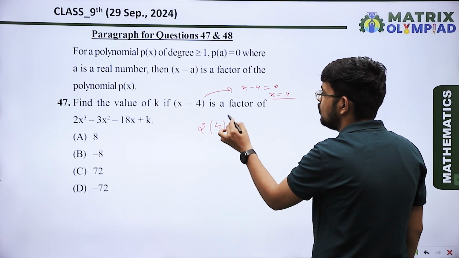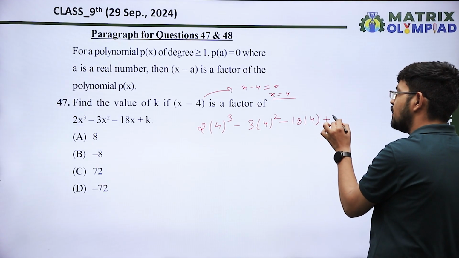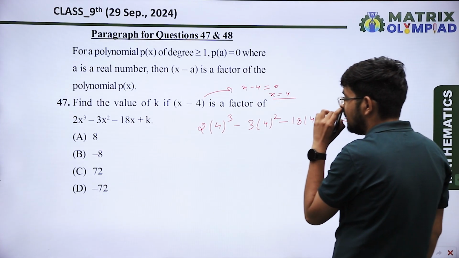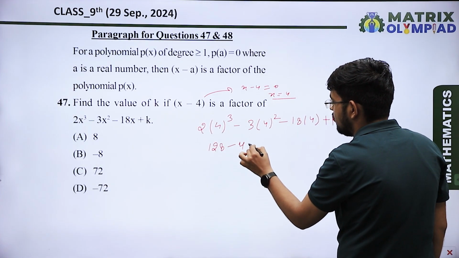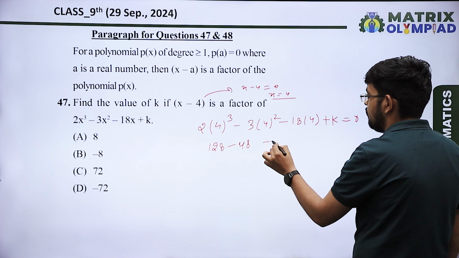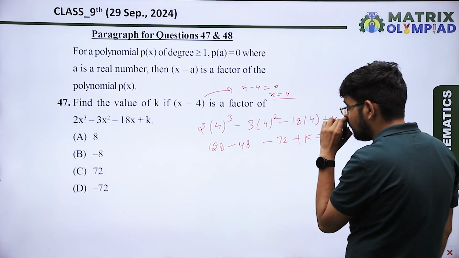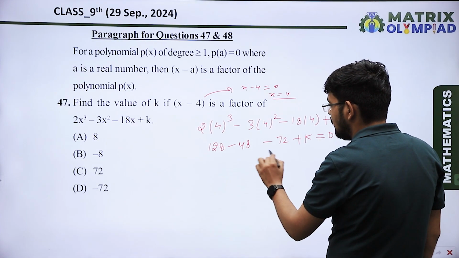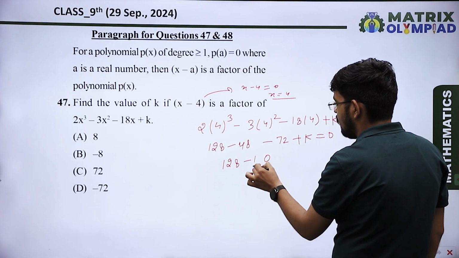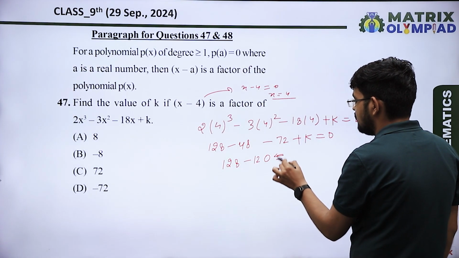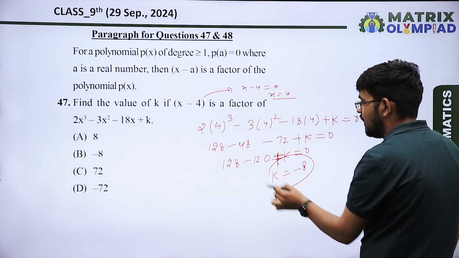So 2 into 4 cube minus 3 into 4 square minus 18 into 4 plus k equals 0, and that is 128 minus 48 minus 72 plus k equal to 0. So after simplification, 128 minus 120 plus k equals 0. So from here you will get the value of k equal to minus 8.